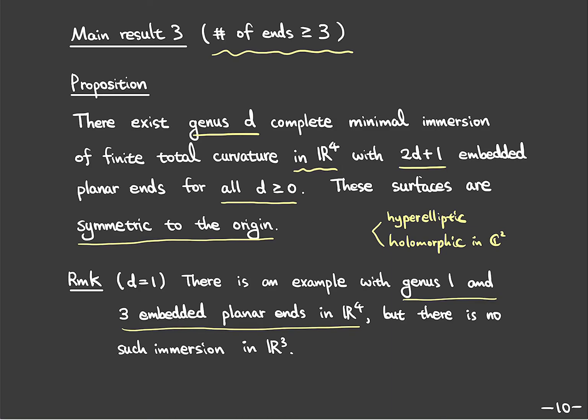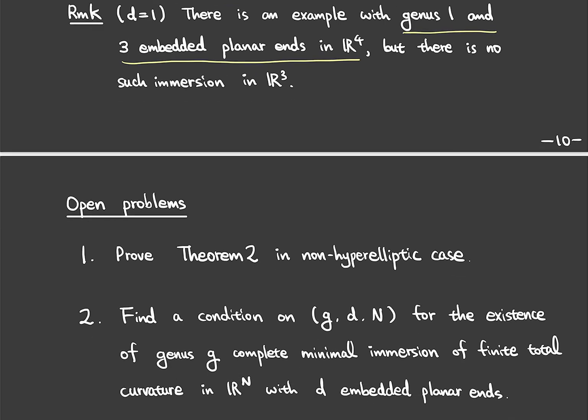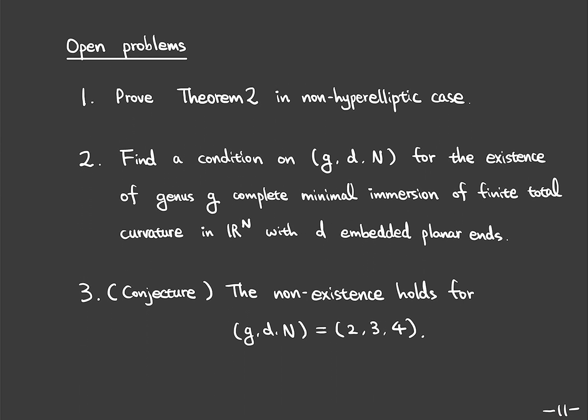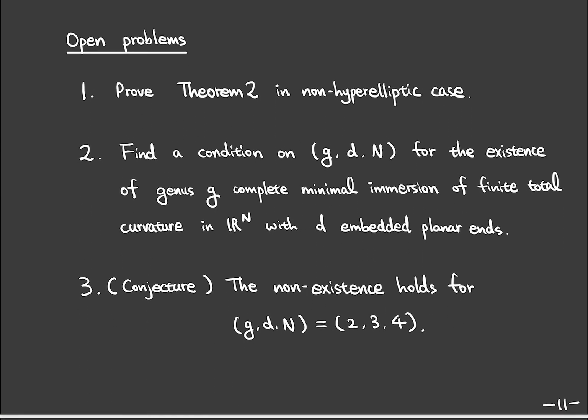Okay, I will finish this lecture with some open problems. I wonder if there is a general relationship between the genus and the number of embedded planar ends and the ambient dimension regarding the existence.